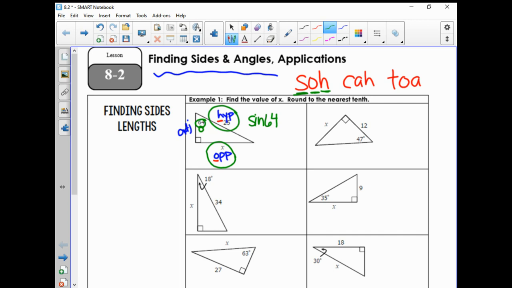So we're going to go ahead and write that the sine of 64 is equal to the opposite side, which is x, divided by the hypotenuse, which is 25. All right, and then we're just trying to solve for x, get it all by itself. So notice right here, this x is divided by the 25. So to undo that, let's just multiply both sides by 25. And so x is just equal to 25 times the sine of 64.